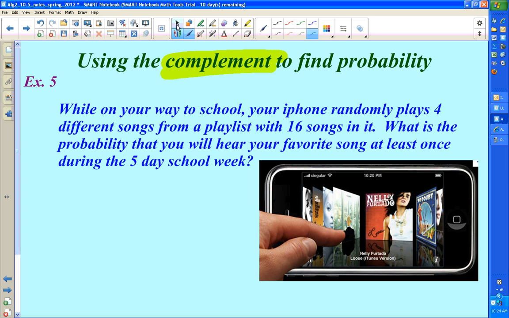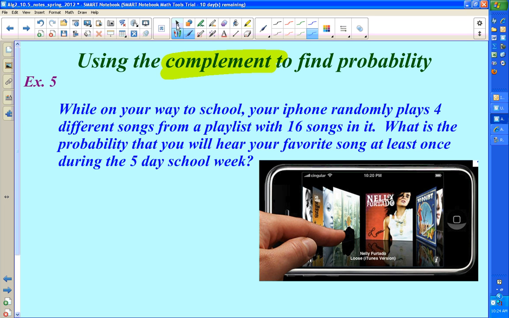What's the probability you're going to hear your favorite song at least once during the 5-day school week? So assuming that in the 4 songs that you hear, there's no repeating, and assuming that each day is a new day, and what happened on the first day doesn't impact the second day, what's the probability you're going to hear your favorite song at least once?